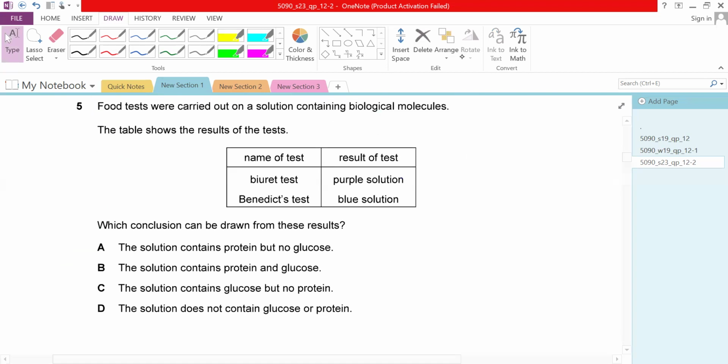Question number 5. Two tests were carried out on a solution containing biological molecules. The diagram shows the result of the test. So this is the diagram given here. Which conclusion can be drawn from these results? For biuret, it is given a purple solution, and for Benedict's, it is given a blue solution.